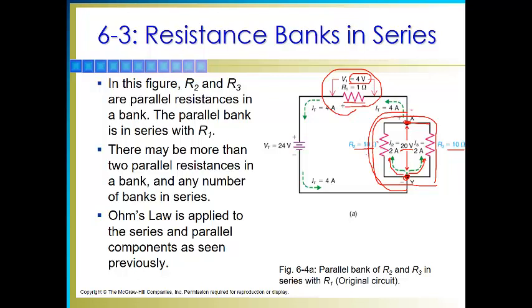So there is a voltage drop across this resistor of 20 volts, and because this one is connected in parallel with this one, 20 volts must be dropped over this resistor as well. Remember that parallel connections have the same voltage on every single branch. So you got 20 volts through this bank and 4 volts through this resistor, for a total of 24 volts, which is the total voltage.